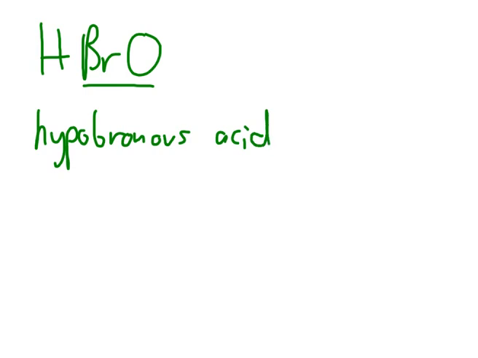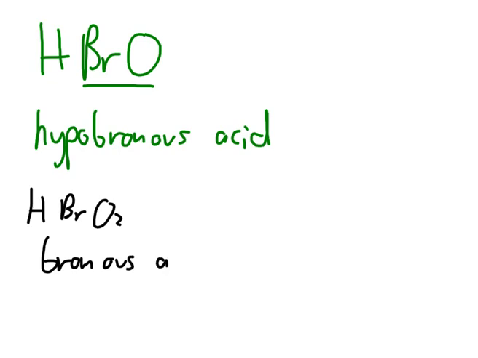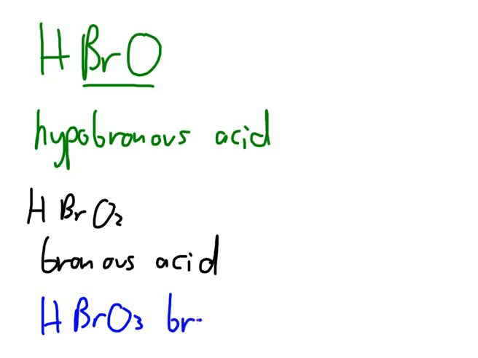Add an oxygen, what do you get? HBrO2. Now it's just bromous acid. Okay? Moving on to HBrO3. Now it becomes hydrogen bromate. So now it would be bromic acid.